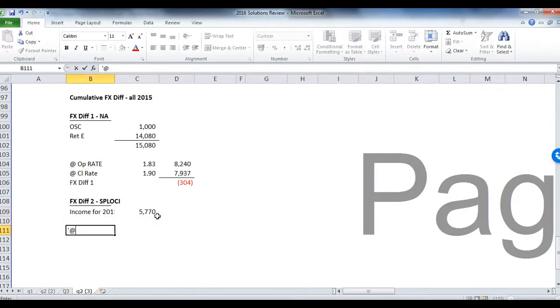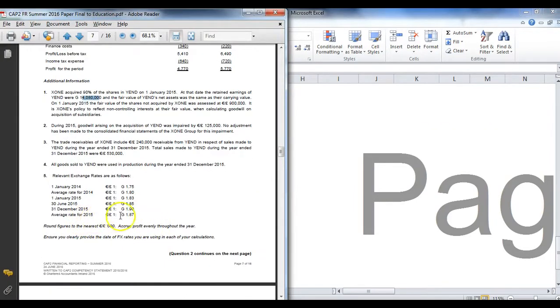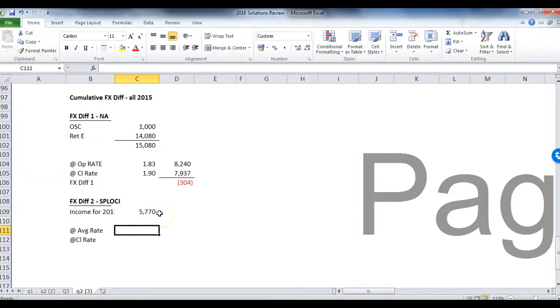and you'll do that at the average rate, and then you'll do it at the closing rate. The average rate for 2015 was 1.87, and the closing rate was 1.90. So similar comparison again.